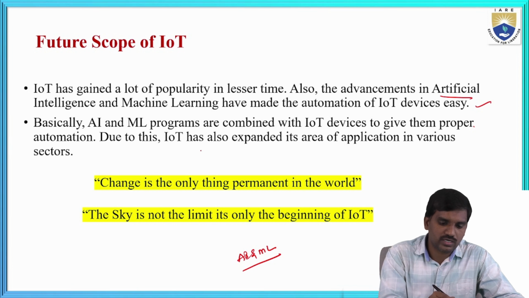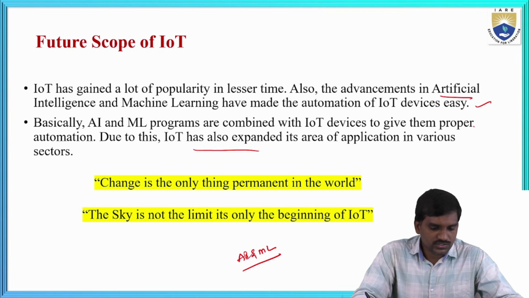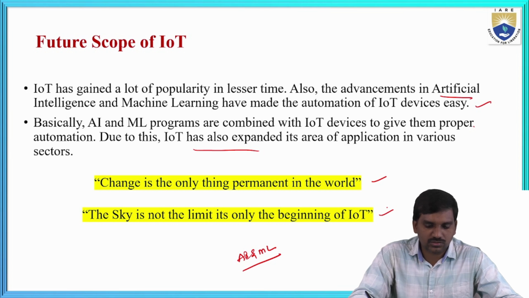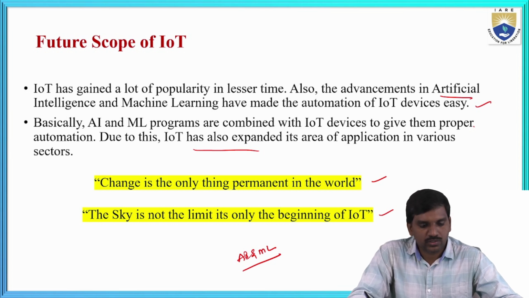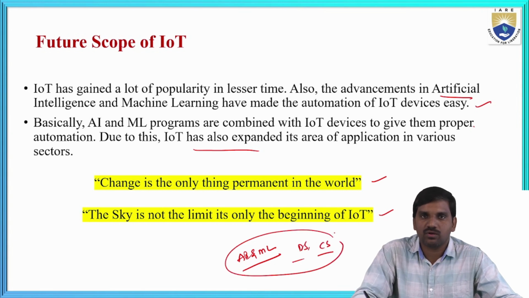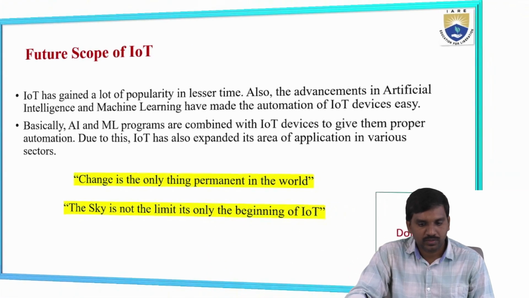Due to this, IoT has also expanded its area of application in various sectors. Change is the only thing permanent in the world, and the sky is not the limit, it's only the beginning of IoT. So in AI, ML, data science, and cyber security, the involvement of IoT is essential. This is the future scope of IoT.